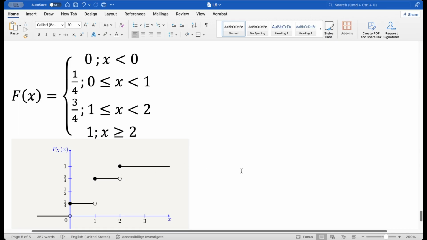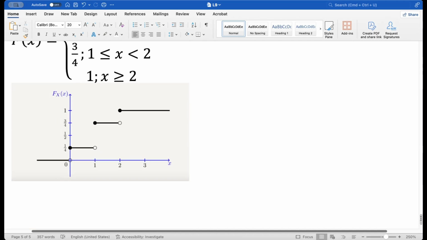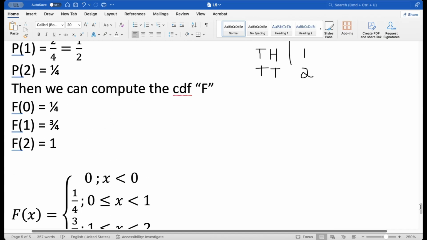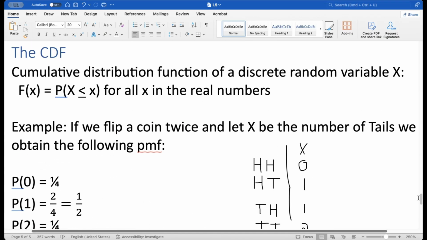Probability can't exceed that, so for anything larger, it's going to stay at 1. So that is the graph of the CDF. The CDF is the cumulative distribution function.